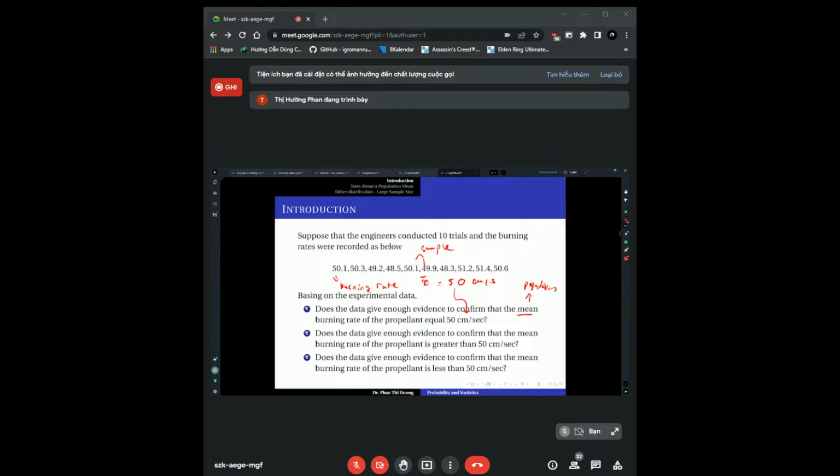First, in the questions, we want to make a conclusion for the population mean. Make sure that you identify the differences between the sample mean and the population mean. Recall that in chapter 4, we said that the population is the whole of the objects we want to study.